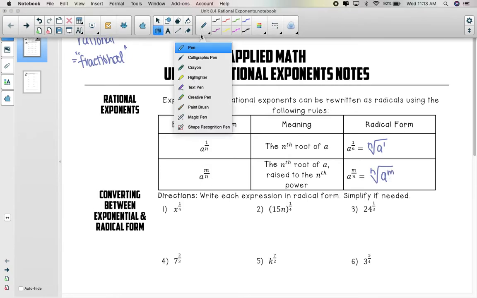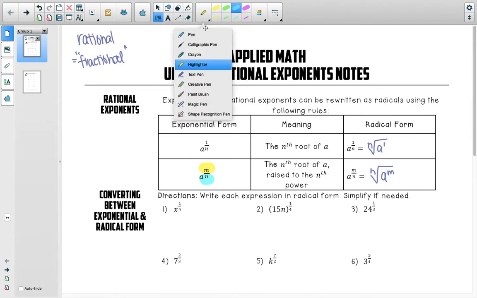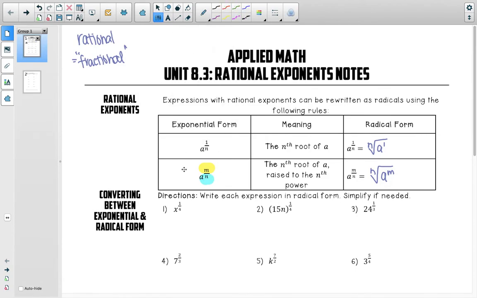Okay, so I'm going to use separate colors here, for the top and the bottom. The top number tells you the actual power of the base. And recap, the base is whatever the number or variable is.